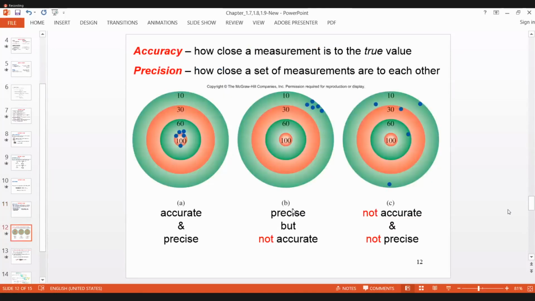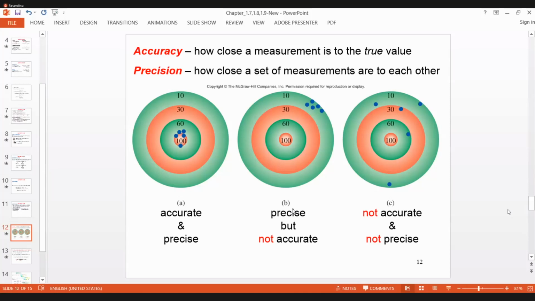This is accuracy and precision. You should know how accurate your result is and how precise your result is. I will explain precision and accuracy. Precision is this: suppose you have five readings, and all 5 readings are very, very close to each other. That means your readings are precise.